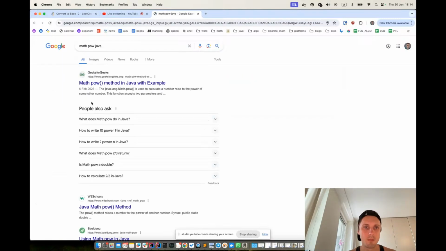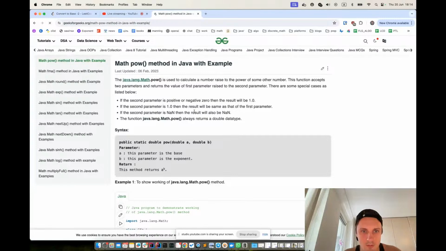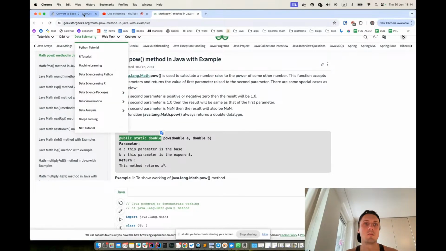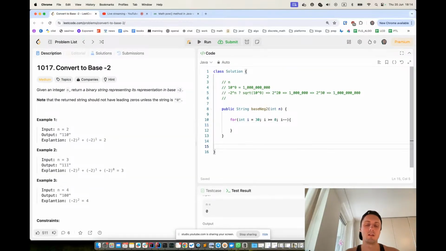I don't remember, yeah, so it returns double. So it's not good. Let's create our own pow method, private toIntPow.